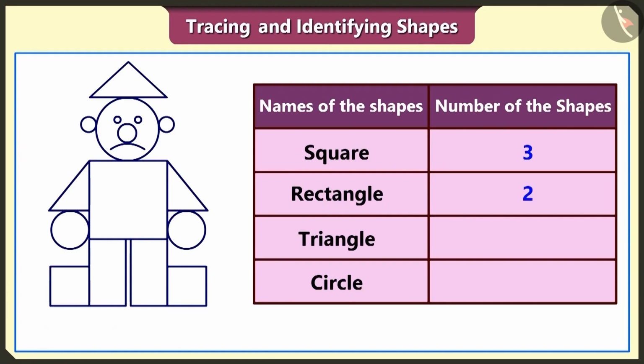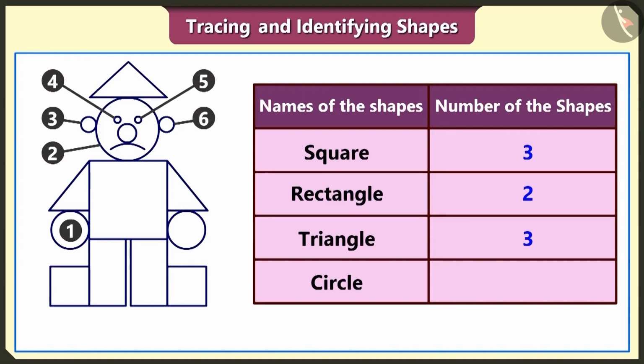Let's now count the triangle. There are 1, 2 and 3 triangles in this doll. Let's now count the number of circles used. Yes, there are 1, 2, 3, 4, 5, 6, 7 and 8 circles used here.